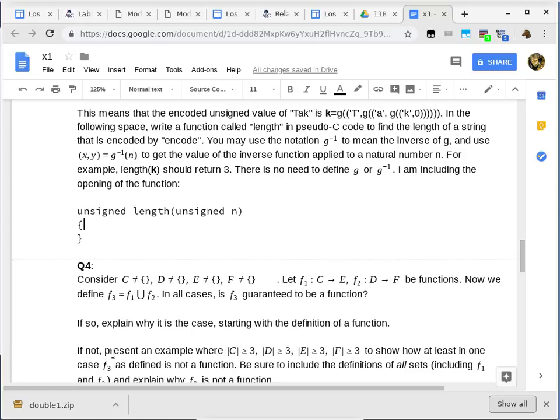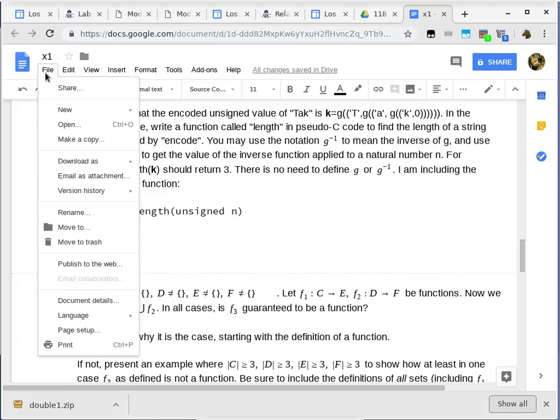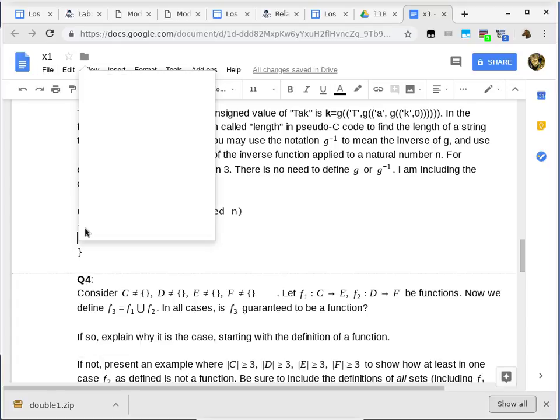Okay. So to actually write the code, I'm going to write the code here, and I will share this document with the entire class. In fact, I'll do it right now. So file, move to, let's see, I'm moving it to the parent folder and then to shared. Okay, right there.